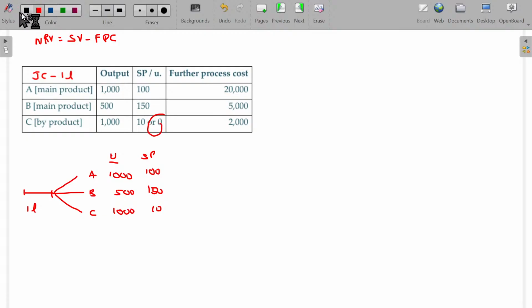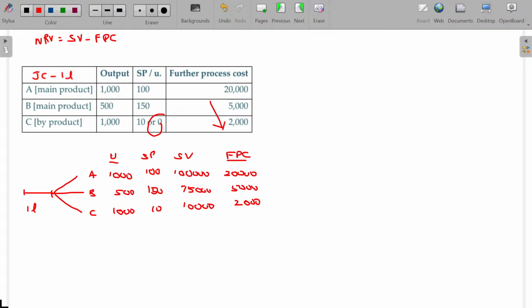We'll solve that later on. And what about the sales value? 1 lakh. 500 into 150, 75,000. And here 10,000. Further process cost given here 20,000, 5,000, 2,000.